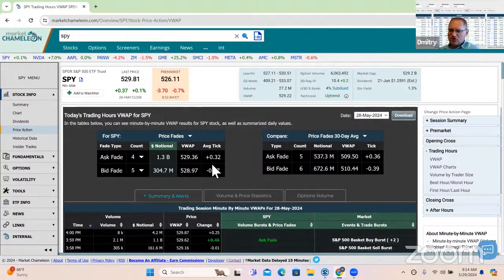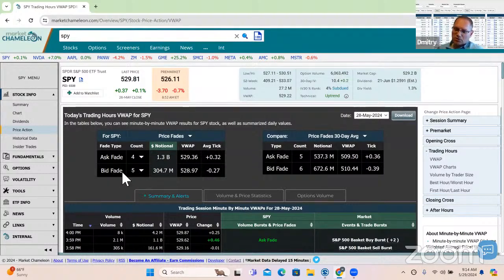Okay, so this is what we're looking at. Why was there illiquidity on the ask side? So people pulled their offers. So those were 4 of them. Then on the buy side, we had the bids.